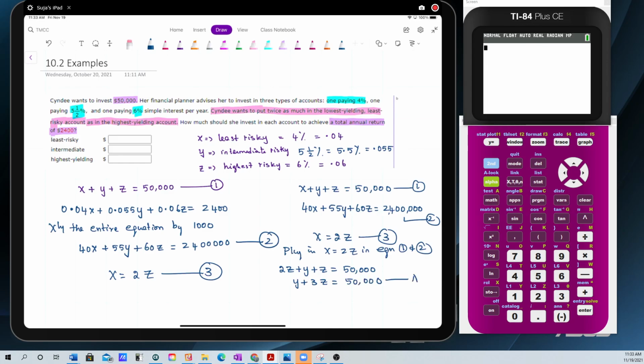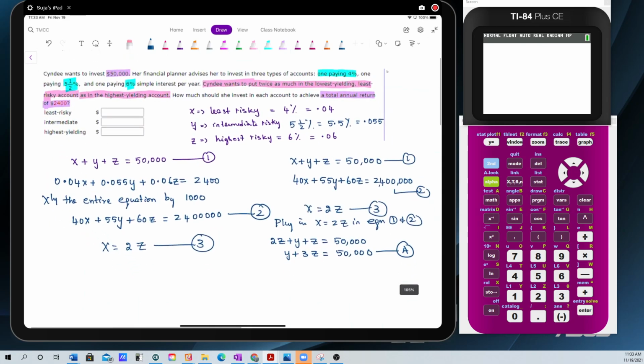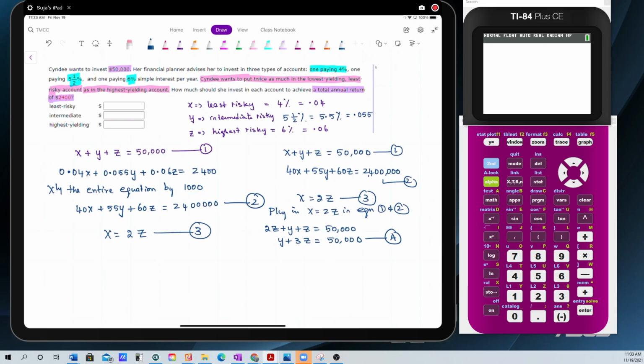Let me label that as equation A. Okay. And if I plug X equals 2Z back into equation 2, that's going to be 40 times 2Z plus 55Y plus 60Z is equal to 2,400,000.